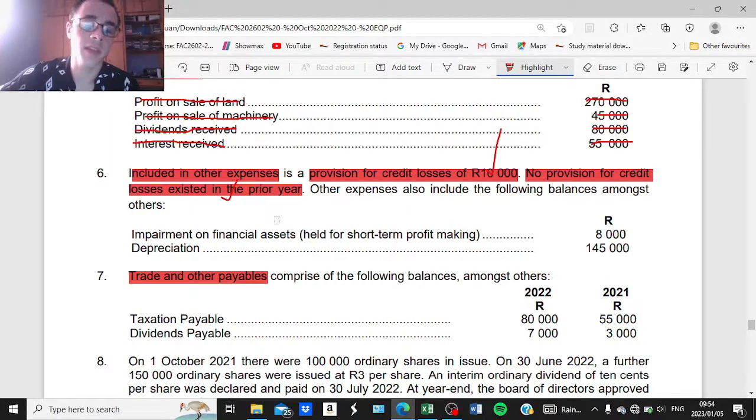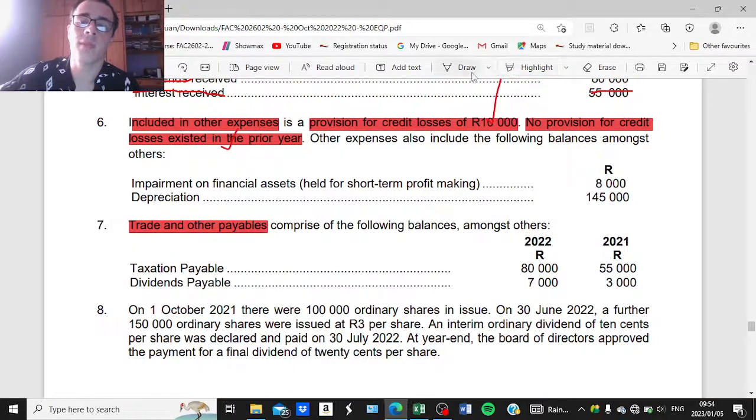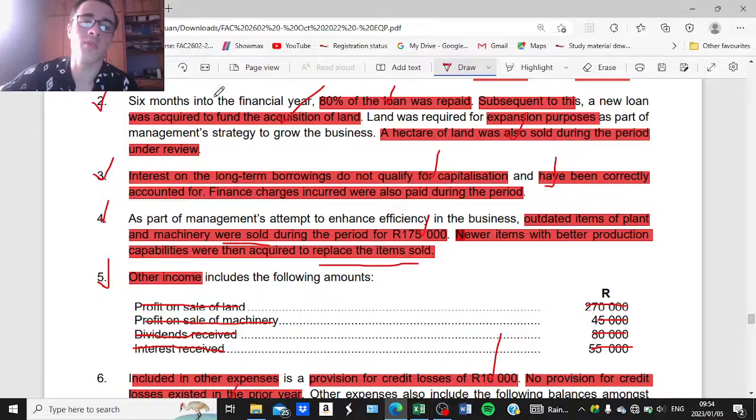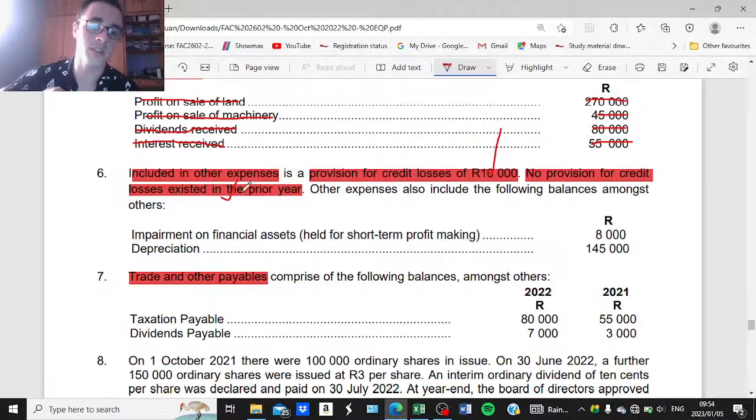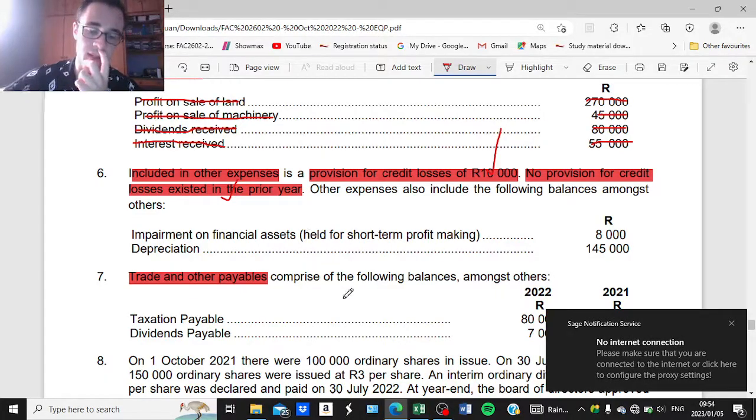And thank goodness I've come across this point. So we need to amend our plant and machinery general ledger account. Remember, I did that on purpose because I normally work through each point and finish that point. And once I've come across new information, as in this case, I will just go back and amend those calculations.